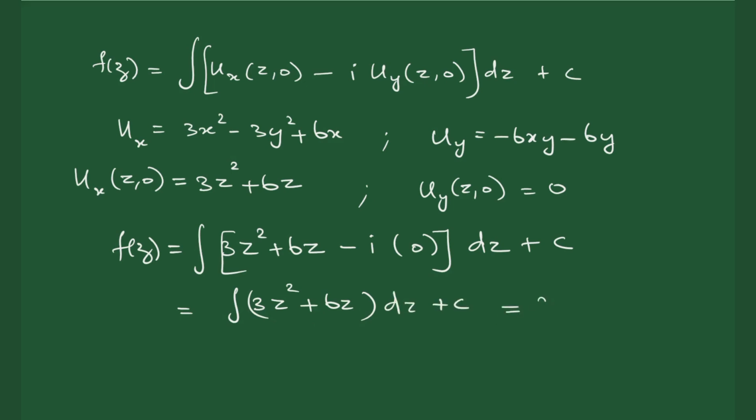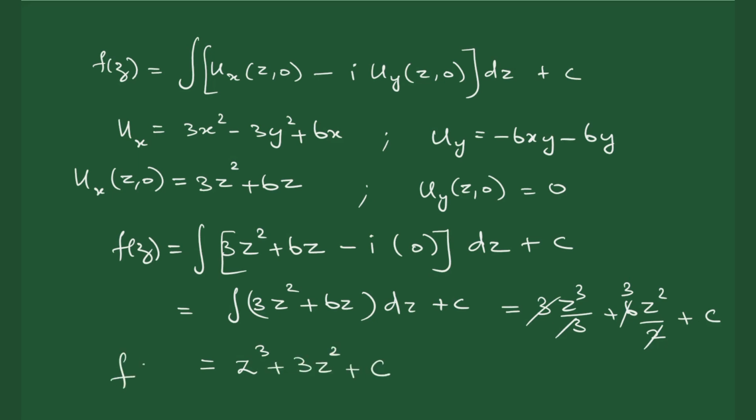Integrating this, we have 3z cube by 3 plus 6 into z square by 2 plus c. Here this 3 gets cancelled, and again here we can cancel like this. So finally we conclude it is equal to z cube plus 3z square plus c, the analytic function. So now we have constructed the analytic function using the Milne-Thompson method, right?